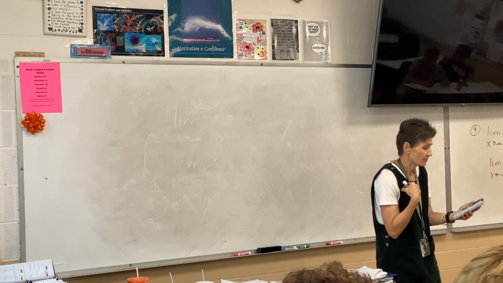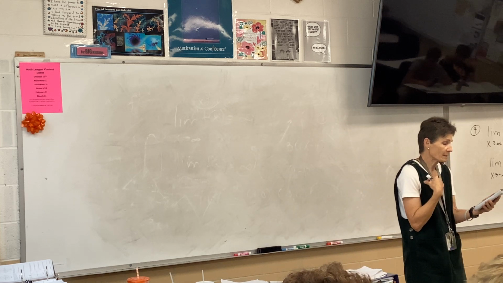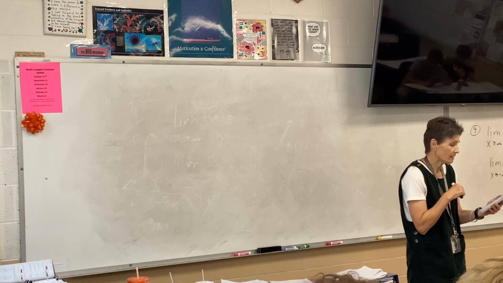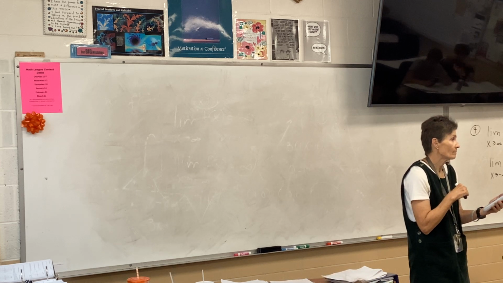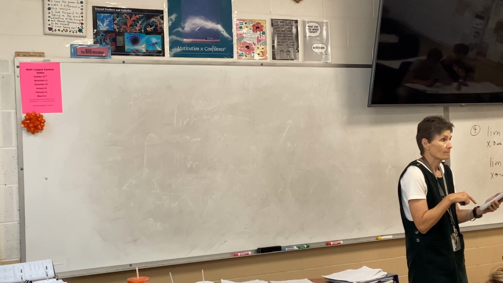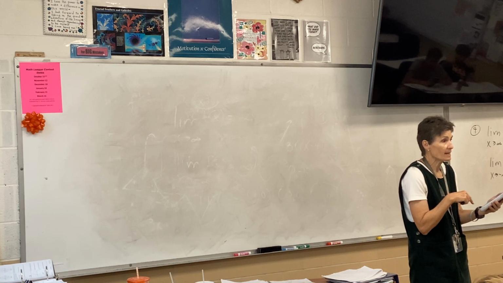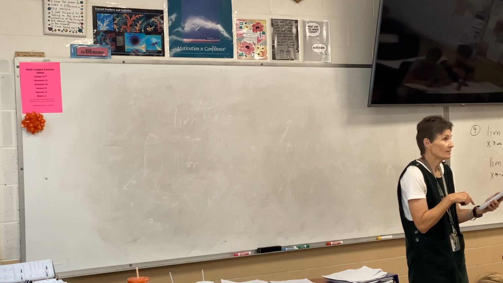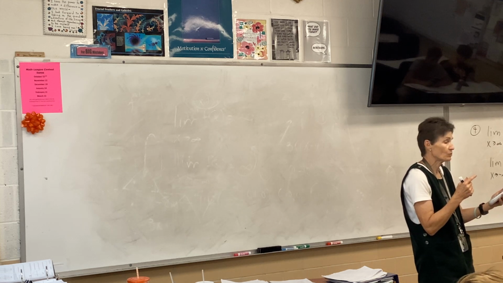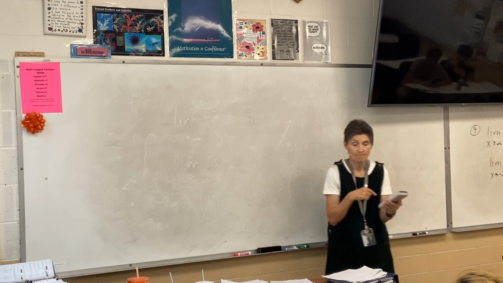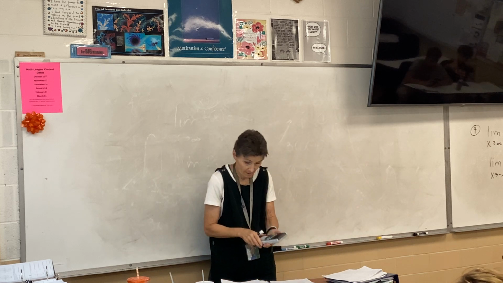So your maximum happens when x is negative 0.245. If you're having a hard time with that, that's when you come into office hours. It'll take us 2 seconds to figure out what you're doing wrong, but you gotta be able to find that max and min.